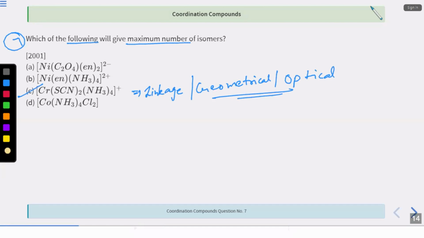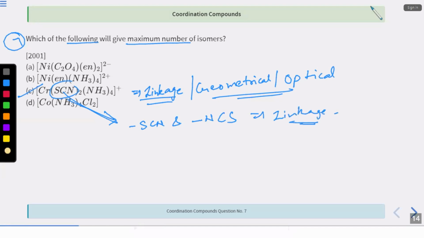So this is my right option. Why linkage? Because it has SCN. So SCN can coordinate in two ways. One is through sulfur, SCN, and the other is from the nitrogen side, so NCS. So it has linkage isomers.